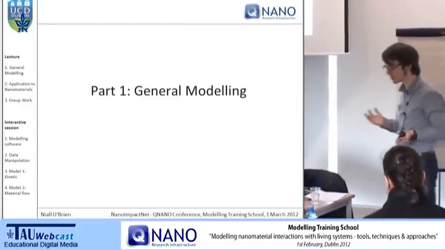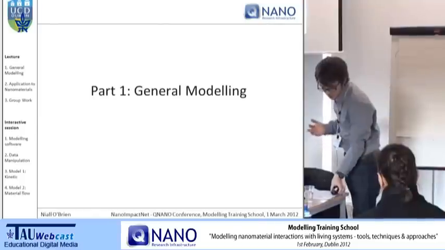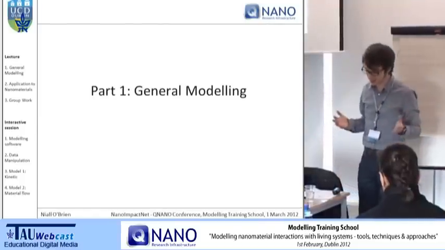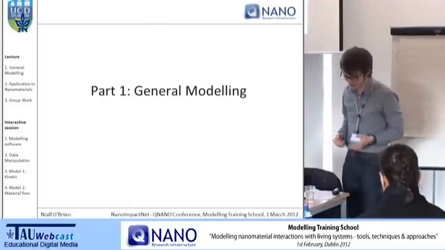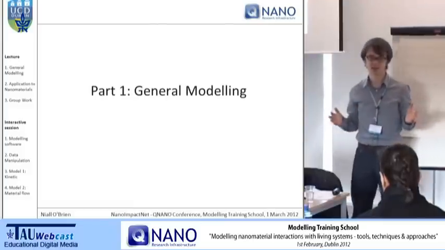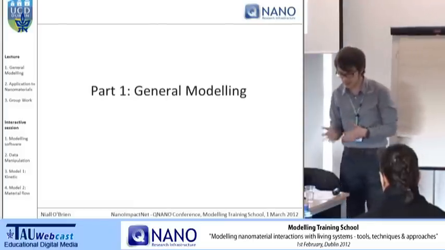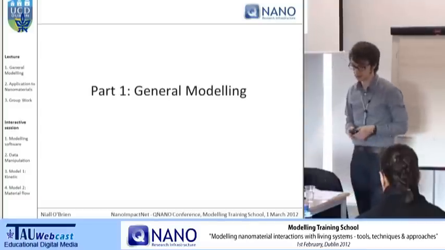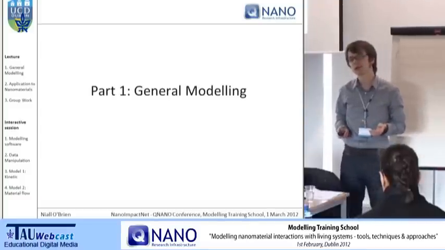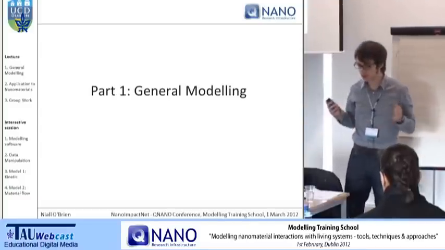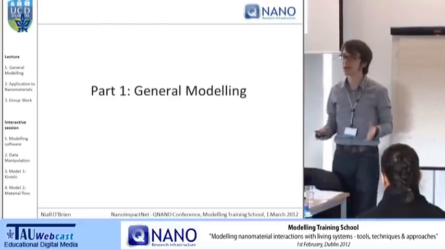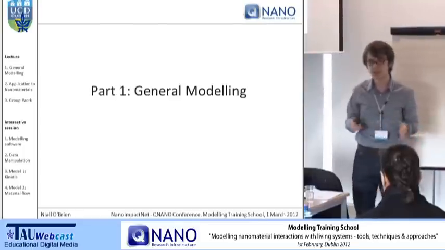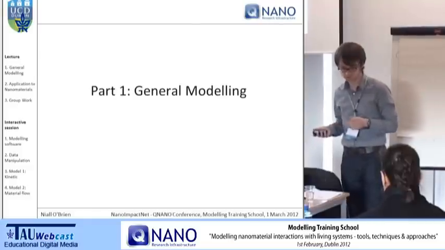Modeling can cover a lot of areas: molecular, biological, ecological, hydrological, epidemiology, climate. In our case, we're going to look at environmental. A model is the simplest possible representation of a system that is able to either explain past observations or predict future observations.